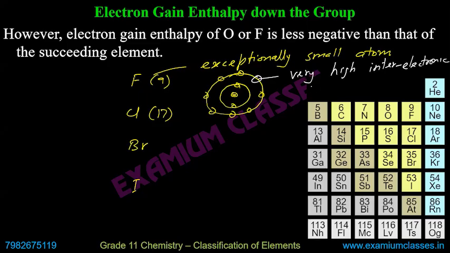Very high interelectronic repulsion. You remember I gave you an example in the last class: if you are in a very small room and someone asks, can I stay with you? You will say no, I don't have space here, we are already three here. But if you are in a hall, you will say, okay, you can occupy the space, there's ample space. That is the case here. In fluorine, there is very little space already, so the new electron experiences very high interelectronic repulsion after it has entered the atom.